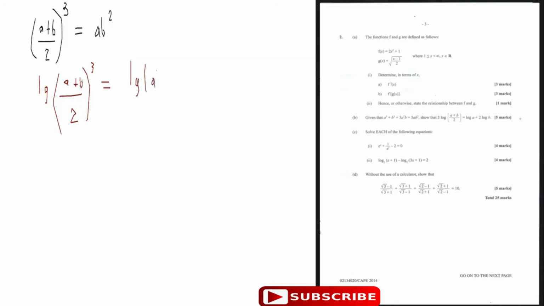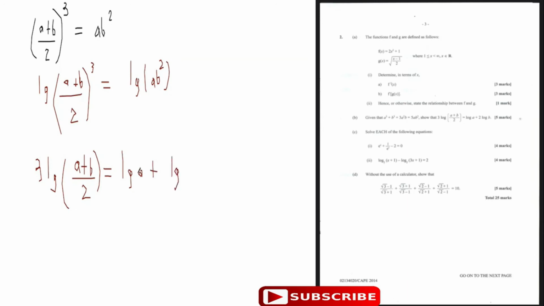So if the log of ((a plus b) over 2) all cubed is equal to log of ab squared, then if I carry down the power, that means 3 times the log of (a plus b) over 2 must be equal to, I can separate this now as the log of a plus the log of b squared.